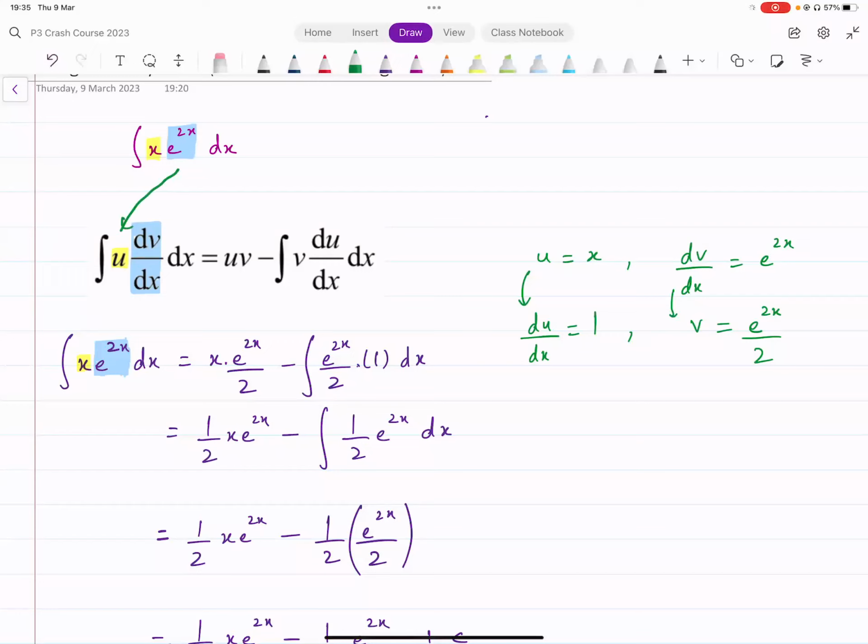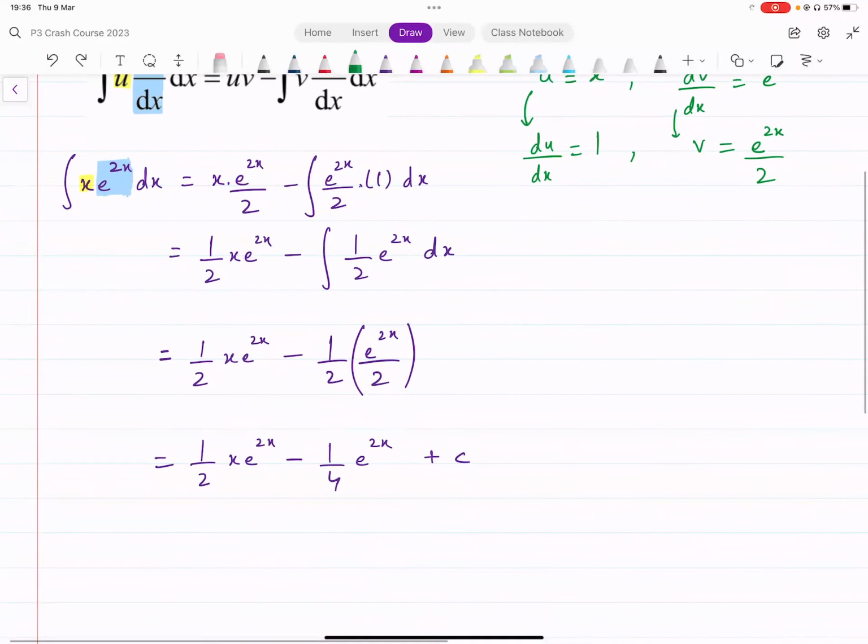We will learn how to choose between the two. However, you choose one of them as u and the other as dv over dx. Write them on the side here. From u, you find the derivative of u, which is 1. From dv over dx, you find the integral of that, which is v. And then you just input values in the formula. Integrate, and that gives you the result at the end.